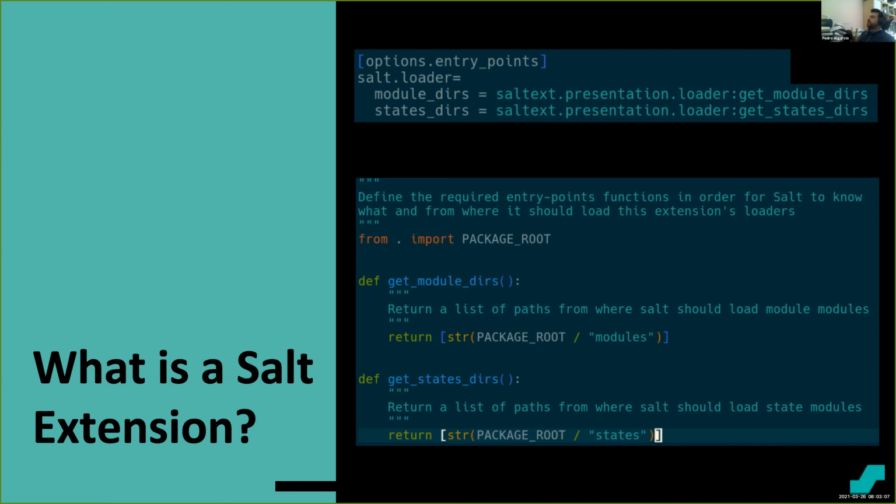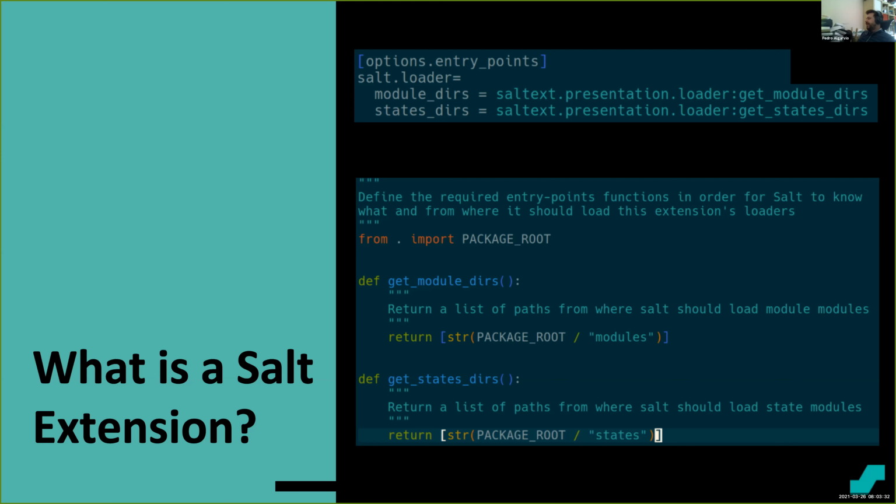So salt.loader is the salt entry point, and we define the loaders that we want to use. In the example shown, execution module. So the first one, module dirs, is a path to a module and a function. And then state dirs is for state execution modules.